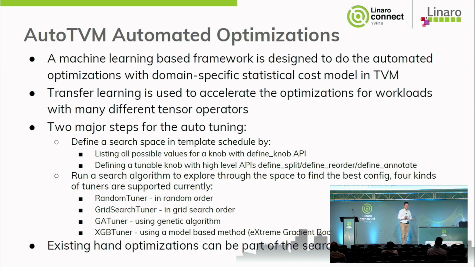Oh, okay. For example, if you want to do the tiling, right, and you already have a hand optimization with, for example, 4 multiply 8, right? So you can add it to the list of the search space. Okay. So that's still represented in TVM? Yes. Currently, yes.